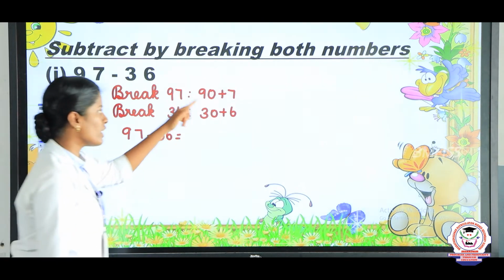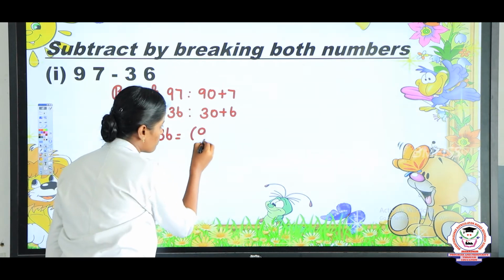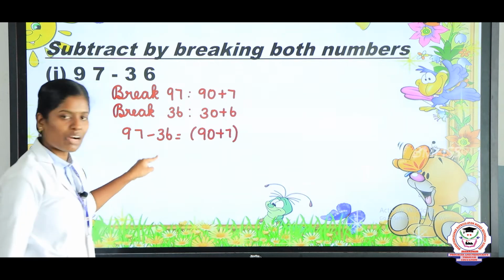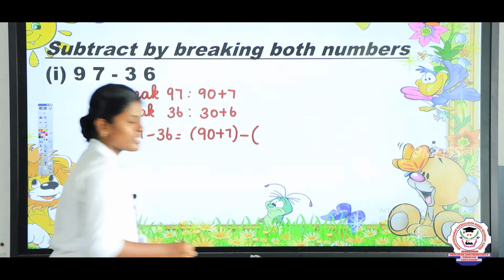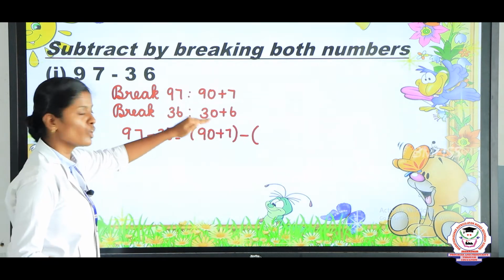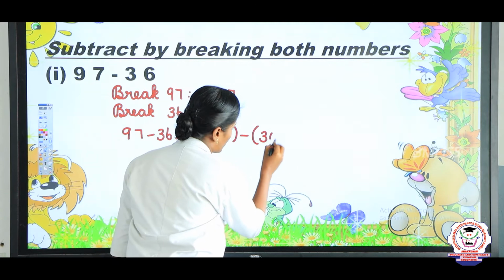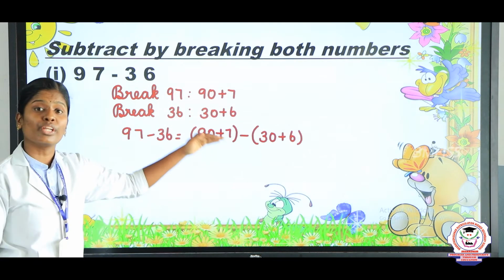Already we broke 97 as 90 plus 7. Then we have the minus symbol. In 36, write 30 plus 6.